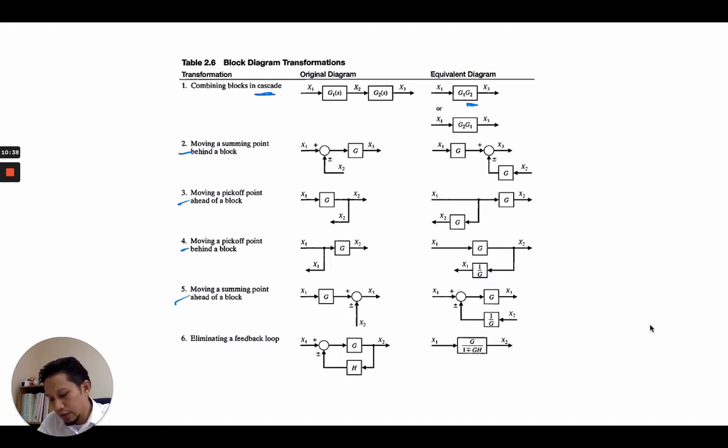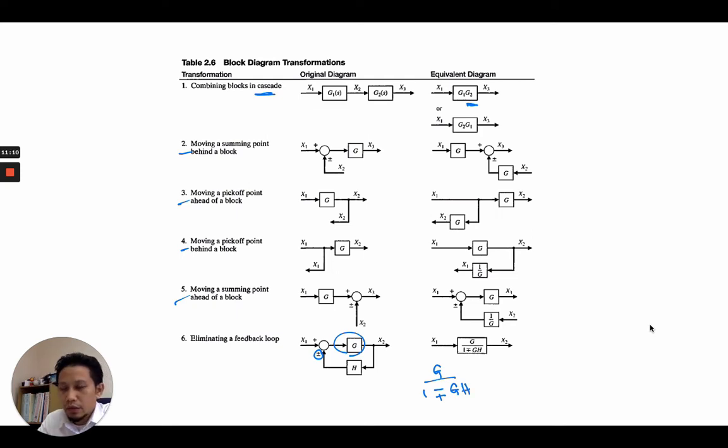You can just use the formula that we derived yesterday, which is you take the subsystem G over 1, in this case a plus minus at the summing junction here. So we have 1 minus plus of G and H.